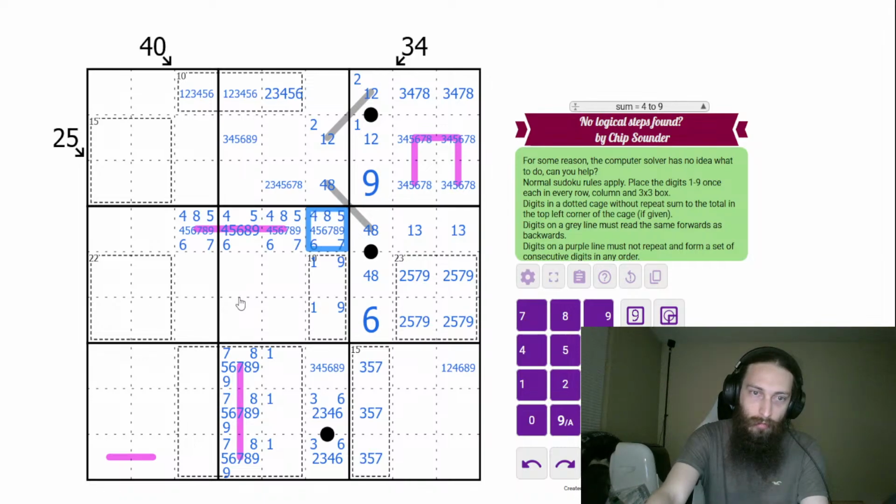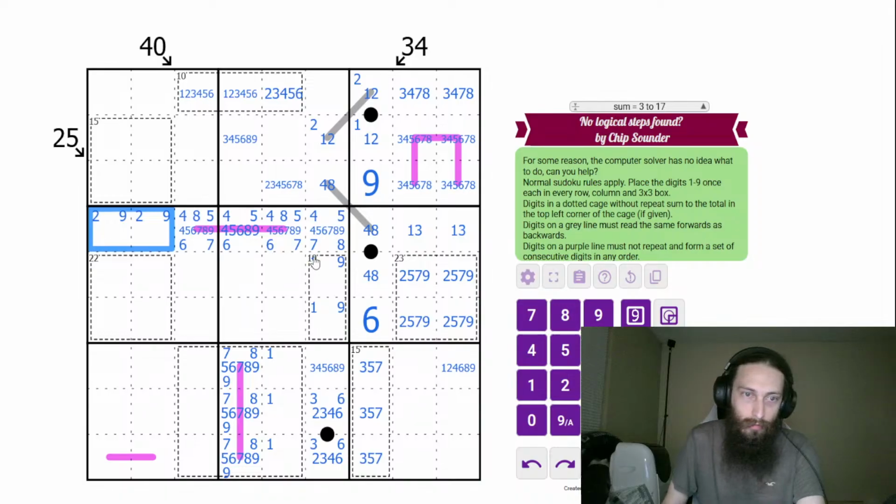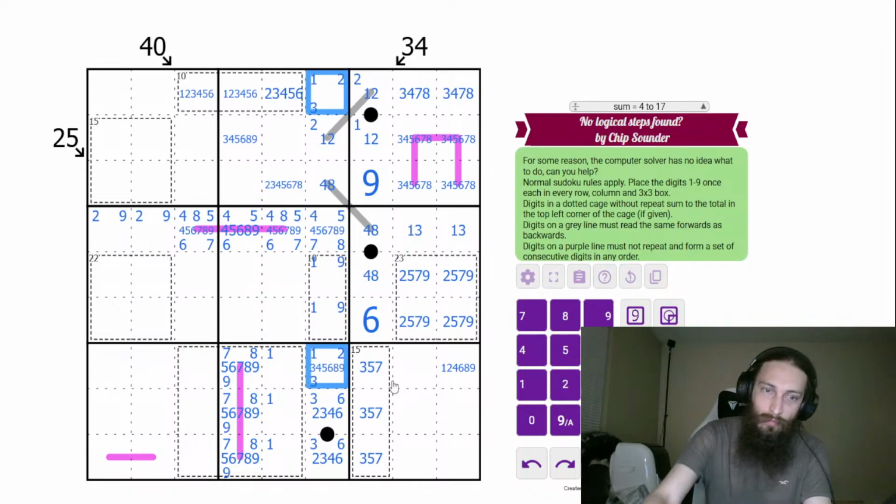So 9 and 6 get removed. 4, 5, 6, 7, 8. So this would end up being a 2, 9 pair. 1, 9, 2, 3, and 6.